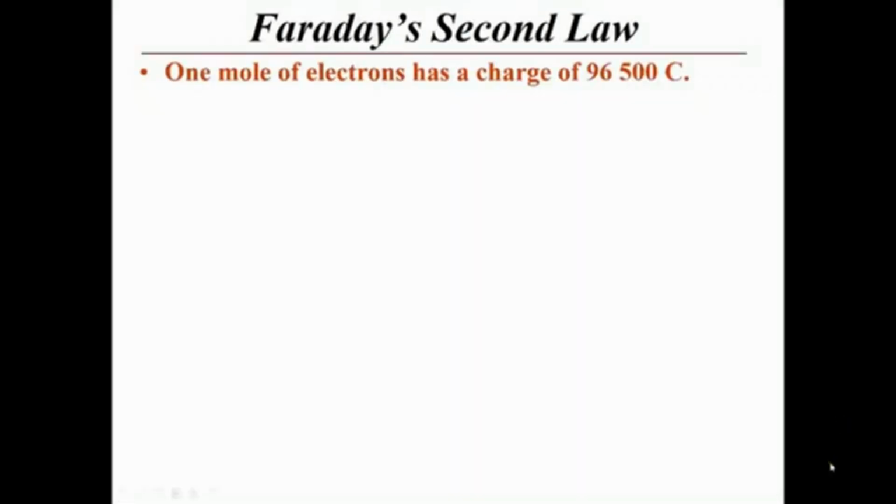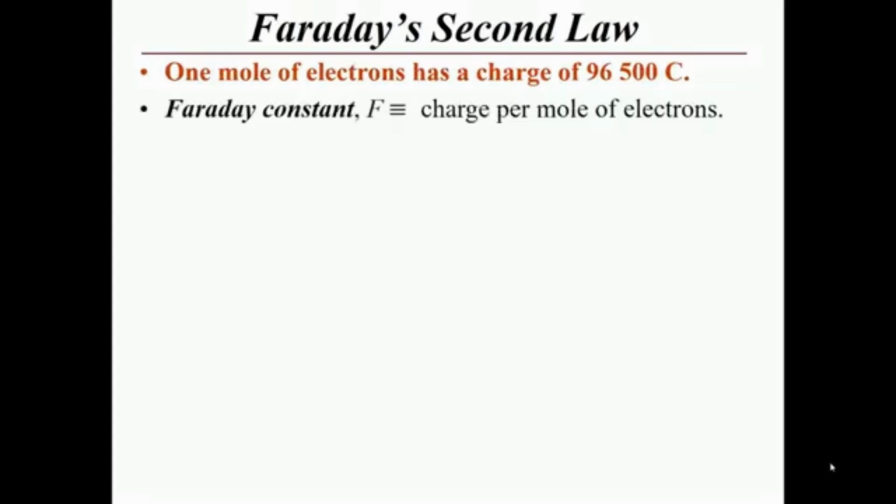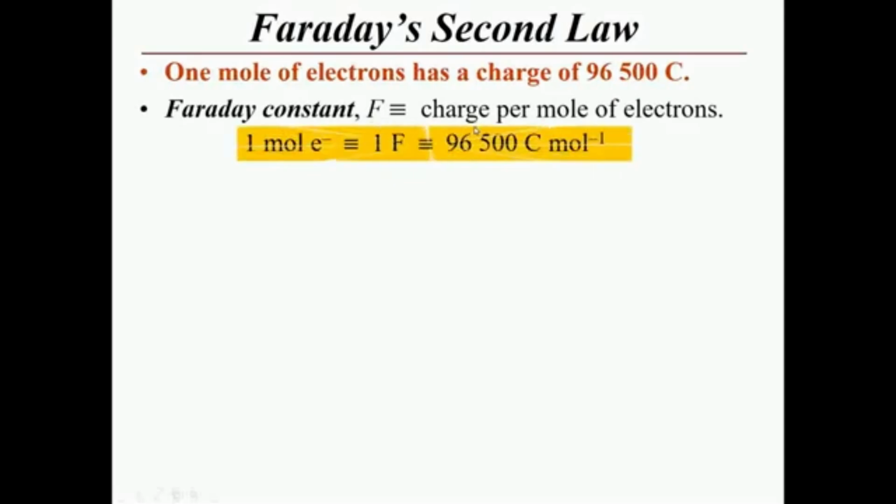Faraday's second law of electrolysis states that 1 mole of electrons has a charge of 96,500 coulombs. Faraday's constant is given by the symbol F, and it is equivalent to the charge per mole of electrons. Hence, we have 1 mole of electrons equivalent to 1 Faraday, which is equivalent to 96,500 coulombs per mole.